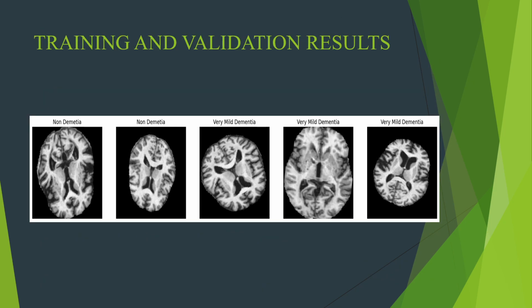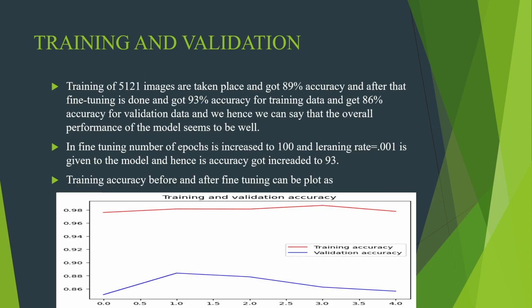Training and validation result. These are the images which I had given as input, randomly visualized, showing no dementia, very mild dementia, and like that. Actually, I have 4 classes, only 2 are visualized here.